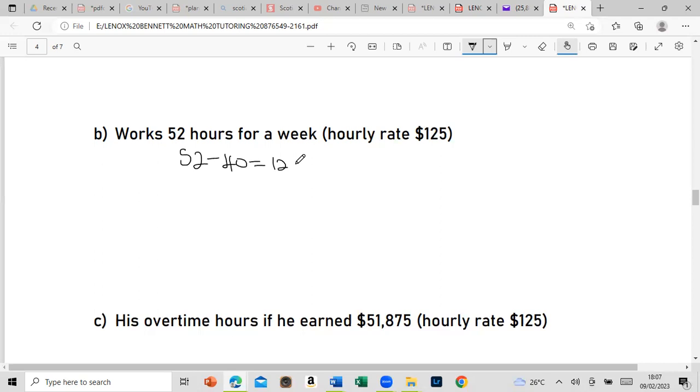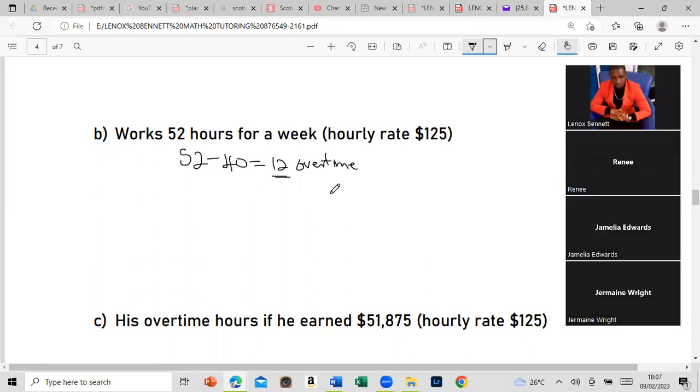So these are the overtime hours, right? It's 12 hours because remember, it's 40 hours at the regular pay. Anything above 40 hours is considered overtime. So we just subtract that from 40, as Renee said. So what's next, Renee?